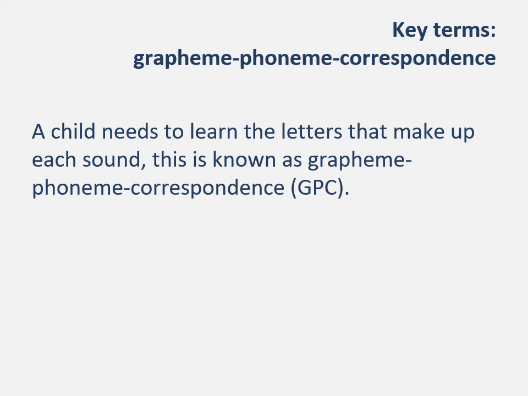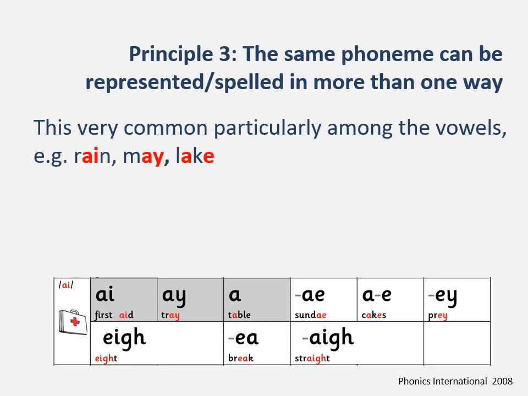They are learning the GPCs, the regular grapheme-phoneme correspondences, some of the less common ones as well, and then there are words which stand on their own, which we call tricky words, because they don't use regular grapheme-phoneme correspondences.